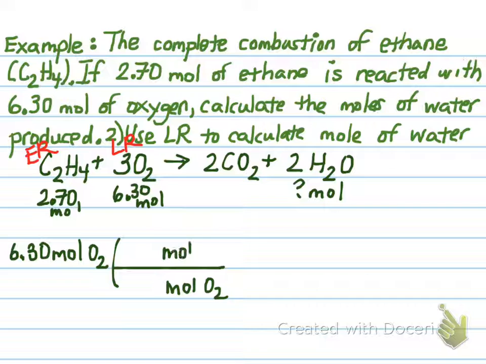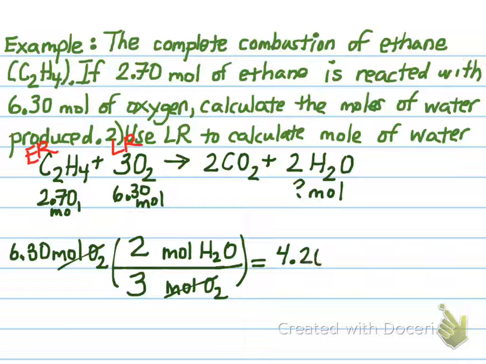We're calculating moles of water, so that's going to go on the top. We want it in moles, so it's nice and easy. And again, where do we get our numbers for our mole ratio? Those come from our coefficients. So our coefficient on water is 2, and on oxygen it's 3. So with my calculator, I'm going to take 6.3, multiply it by 2, and divide it by 3. And I want to have 3 significant figures. So I get 4.20 moles of water.